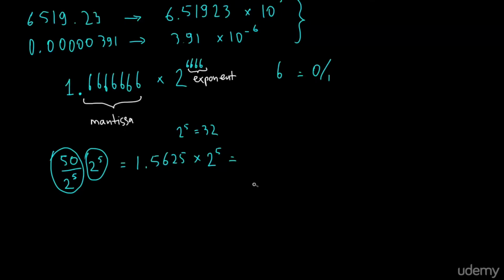And then we can jump into the binary form. We can represent this value as well as the 5 in terms of bits. So we can say this is actually 1.1001 multiplied by 2 to the power of 101.